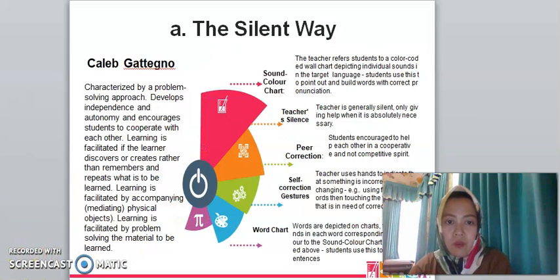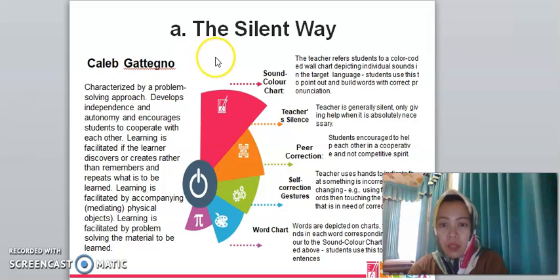Okay, what is the silent way? In the silent way, the teacher refers students to a color-coded wall chart. Students use the wall chart to point out and build words with correct pronunciation. The teacher is generally silent.